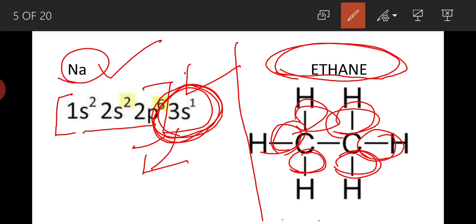We cannot observe any free electron in the ethane molecule. Hence ethane will not conduct electricity at any cost. Hence it is a bad conductor of electricity. From this we can conclude that any material which has free electrons is a good conductor of electricity. Any material which does not have any free electron is a bad conductor of electricity or insulator.